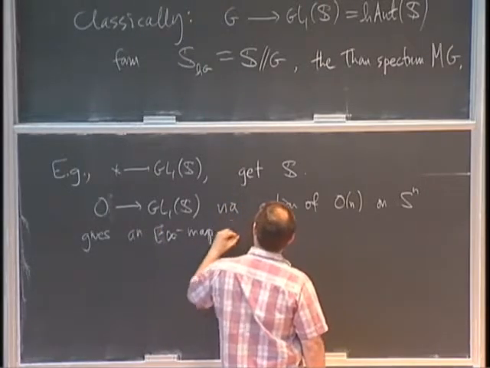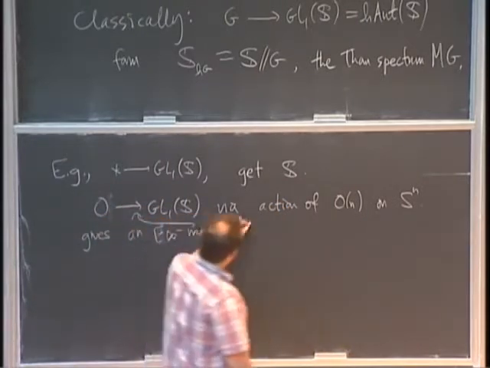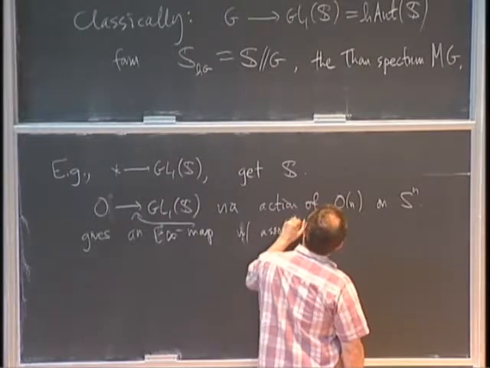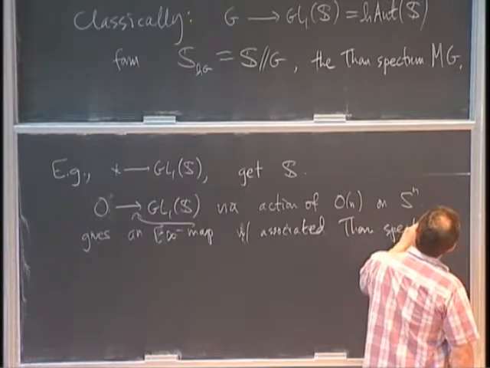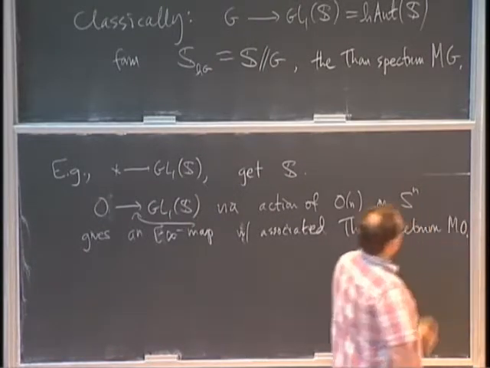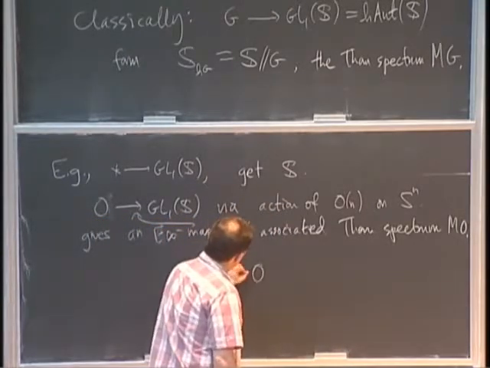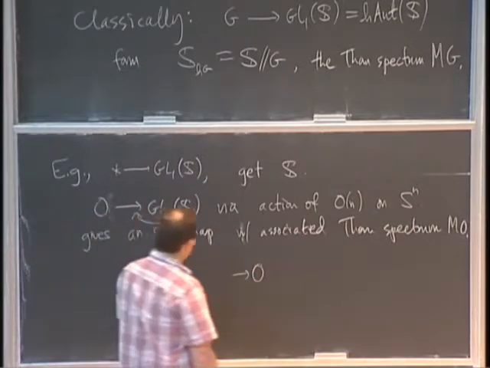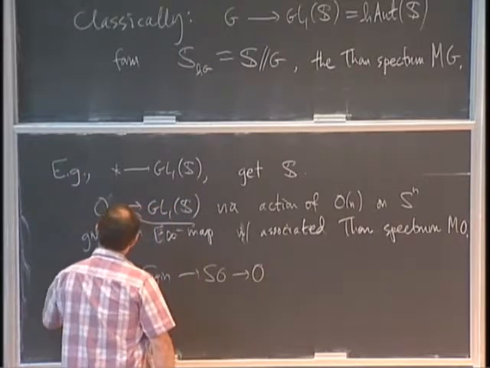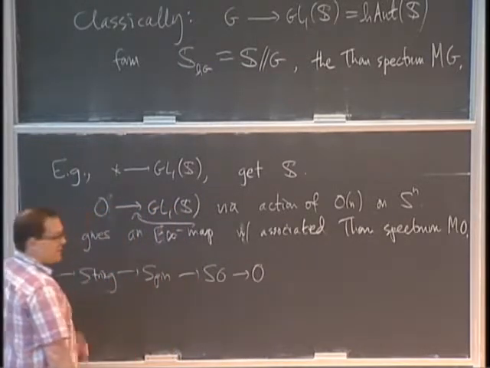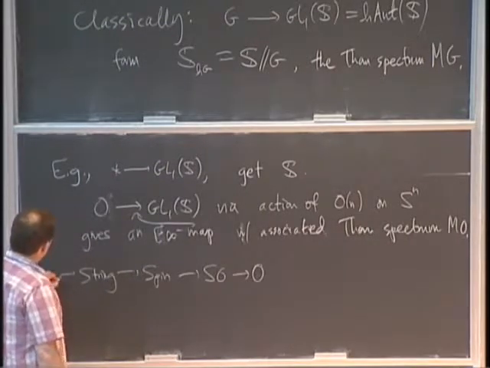E infinity map from this one, with associated Thom spectrum MO. And there's all these connective covers of O. We have SO, we have spin, we have string, and, well, I'm told there's even a further connective cover of interest now called 5-brane.